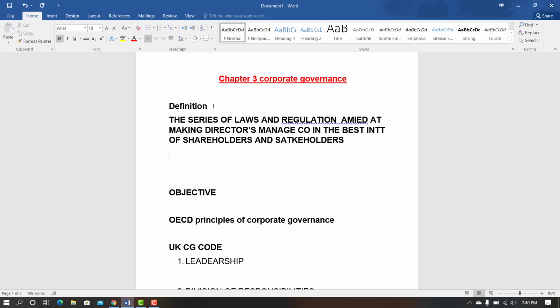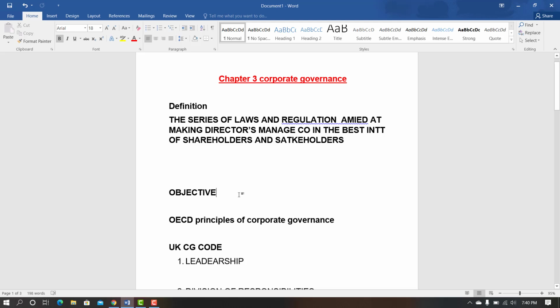Moving forward, corporate governance includes company relationship with shareholders, society and environment. It also attempts to deal with agency problem, suggesting best practice for companies, policies and procedures. So this is the definition.